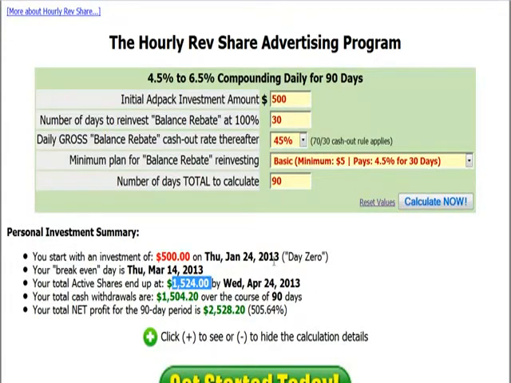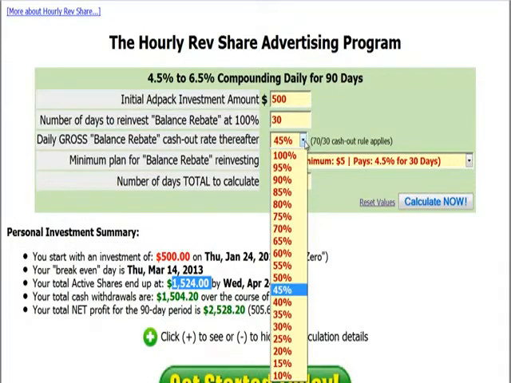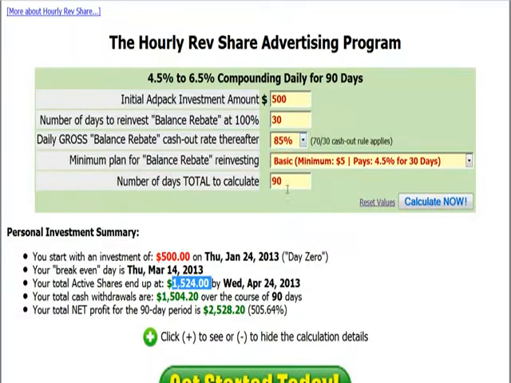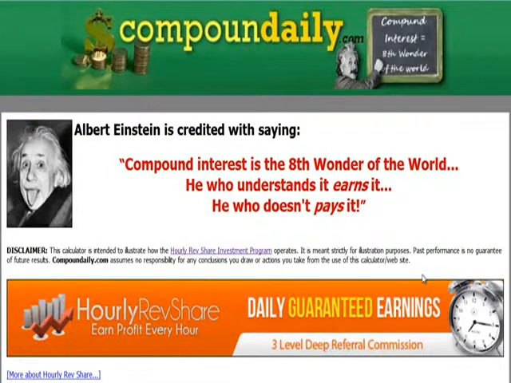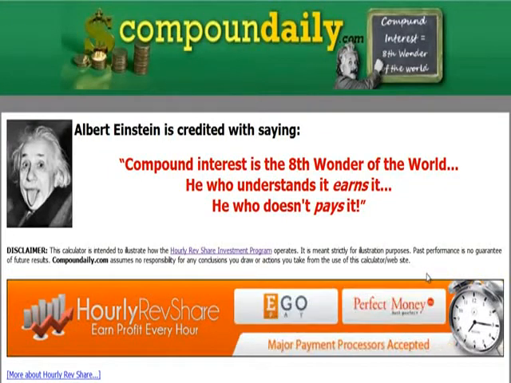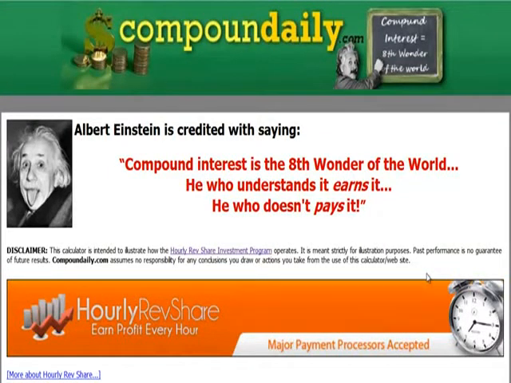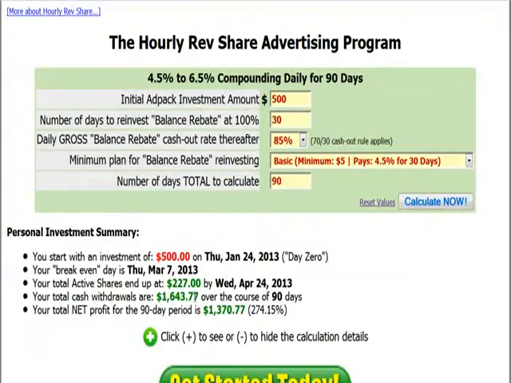That's significant. Another thing you can do is say, well, what if I cash out 85%? Would I make $1,500 if I started cashing out 85% gross? Let's see what happens. You run the calculations, and of course, depending on the speed of your internet, you make a little bit more money, right?